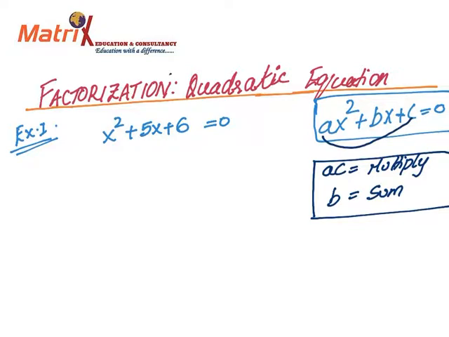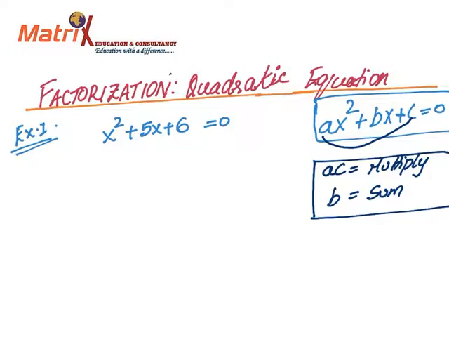When I multiply A and C, I split that number such that I get the factors which add up to B. I repeat again with the example. With the help of this example, you will be able to understand.